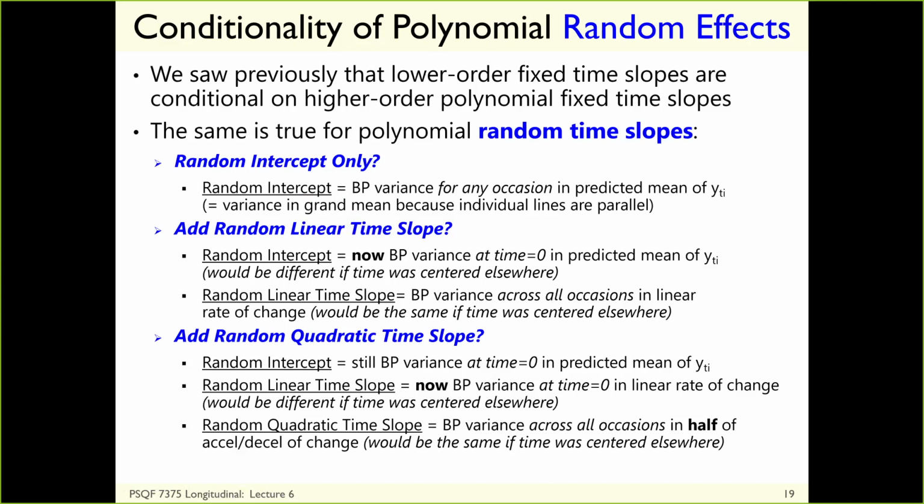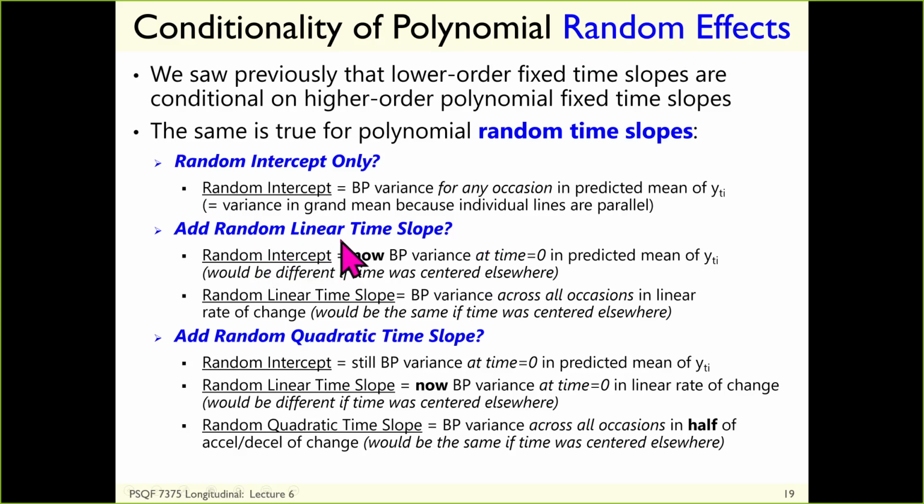It means the lines are parallel. So people start out at a different point and they stay just as far apart as time goes on. So this implies that people differ from each other in only one way. There's only one source of person dependency. It is a compound symmetry, constant variance, constant covariance kind of model. It is repeated measures ANOVA, functionally speaking, in terms of what is predicted on the variance side.